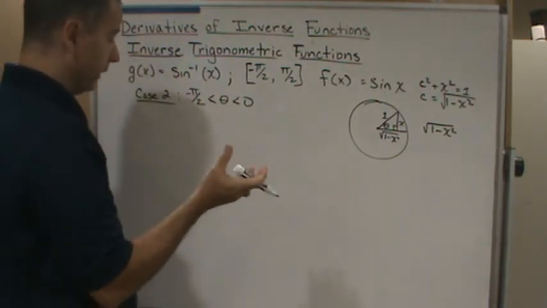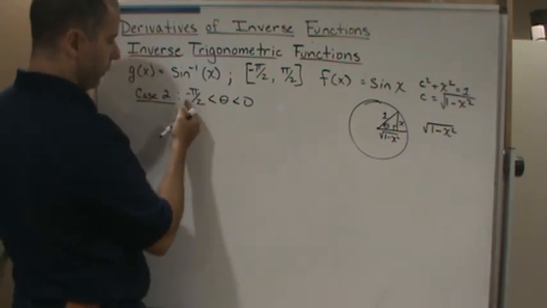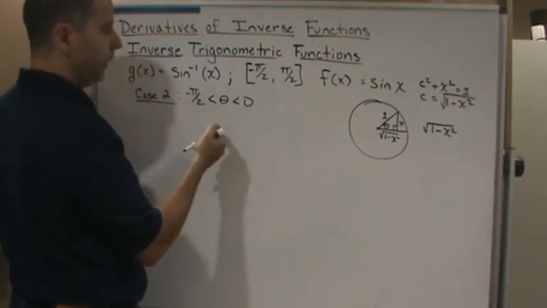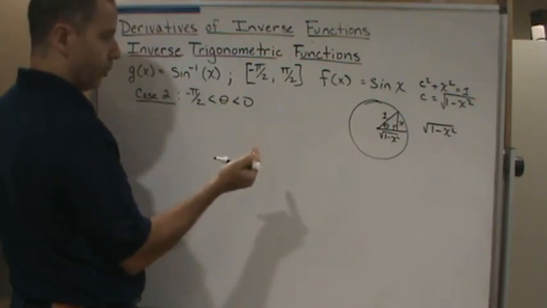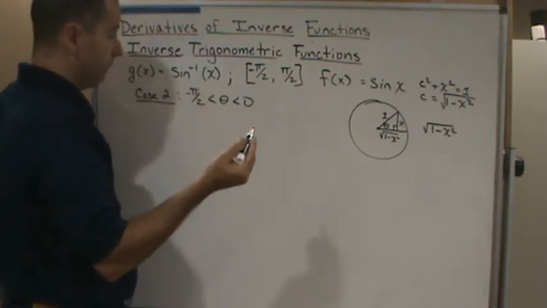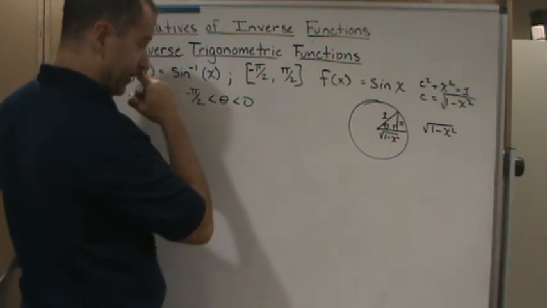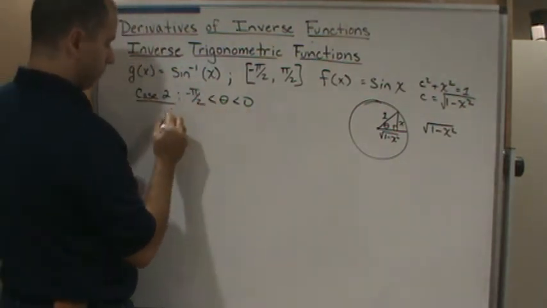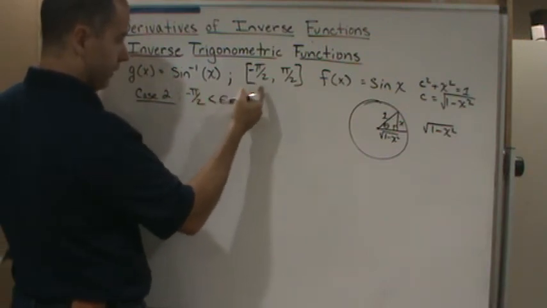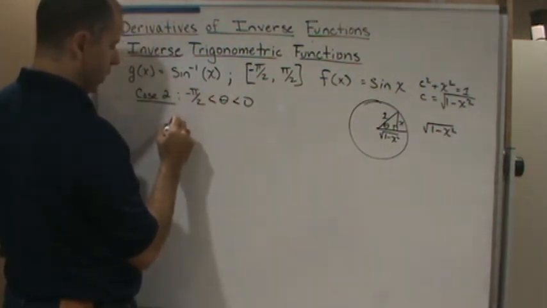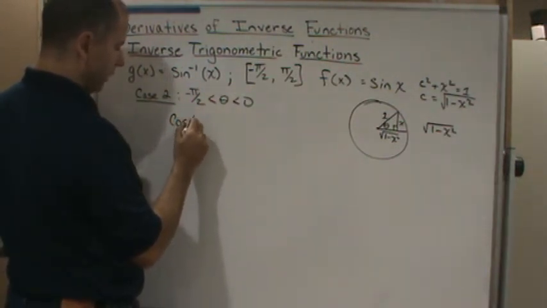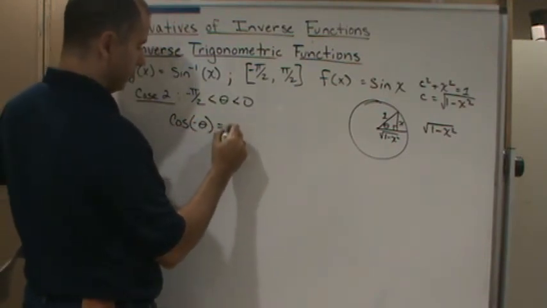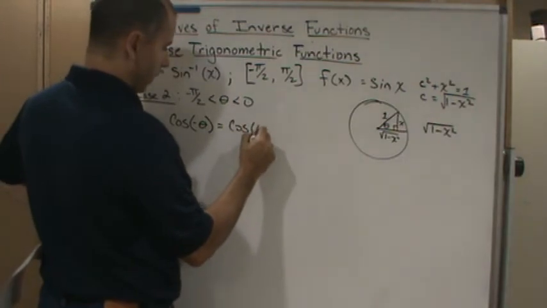So intuitively, whether it's negative pi over 2 to 0 or 0 to pi over 2, we can intuit that it's going to give us the same answer. We could also use the fact that cosine of negative theta is equal to cosine of theta.